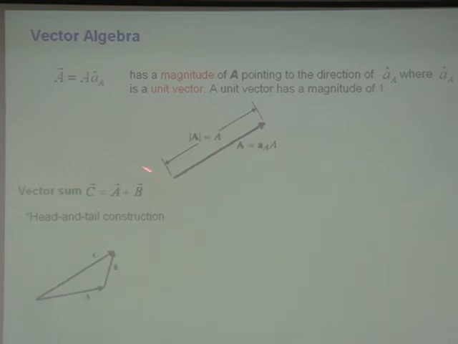When you deal with the sum of vectors, you need to deal with the magnitude together with the direction. And you can do a head-to-tail construction of the vectors to get the sum of two vectors. And this was also given in the video, right?